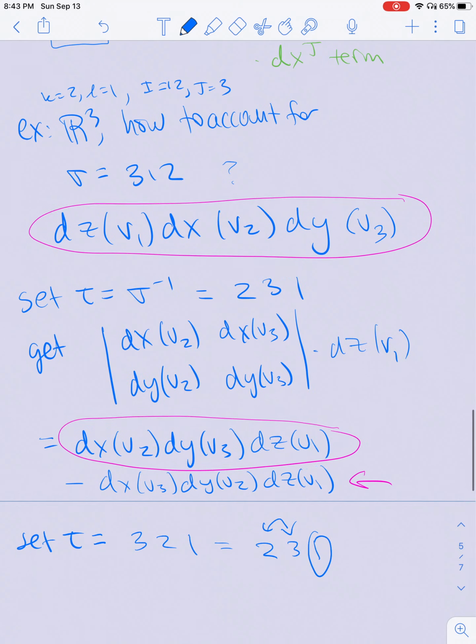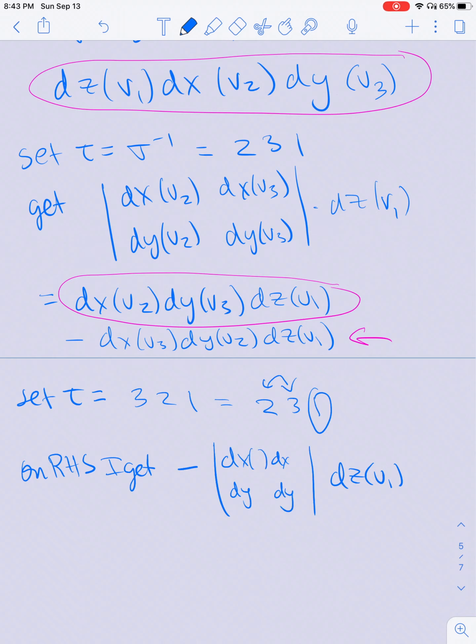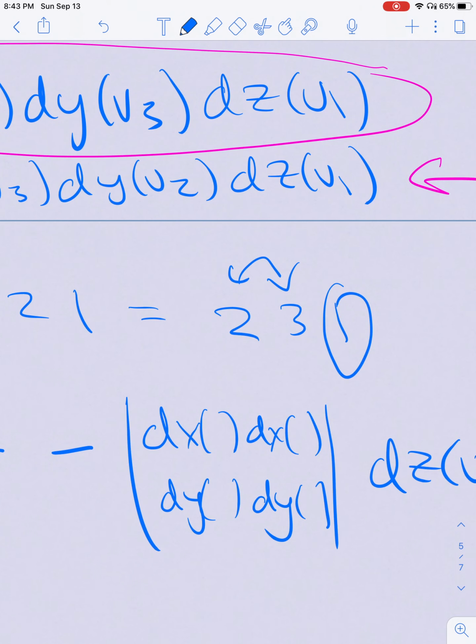Then on the right-hand side I get a minus sign, because the sign of tau is now 1 off from the sign of sigma inverse. And I'll get the same thing, dz of v1, but now dx, dy, where I need to be plugging in v3 first, and then v2.